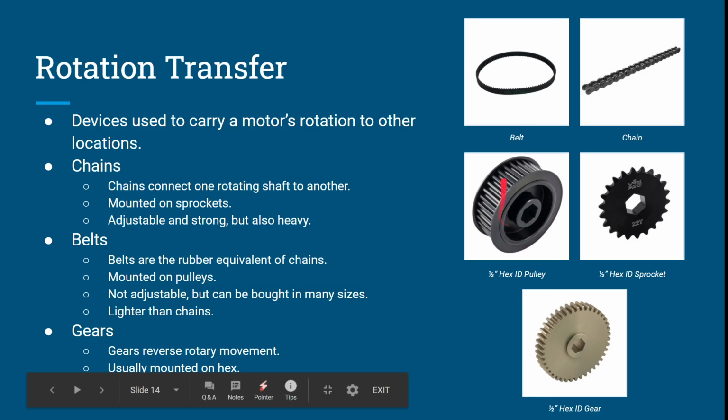And then you can also do reductions of the same nature with belts and chains, using different sized pulleys and sprockets. So yeah, different stats here. Really, all you need to know is that chains and sprockets, you can adjust the length of chains, they're pretty customizable, but they're a little bit heavier.